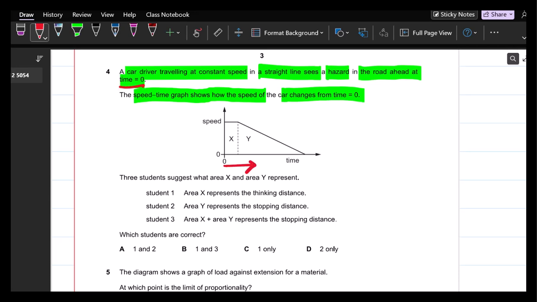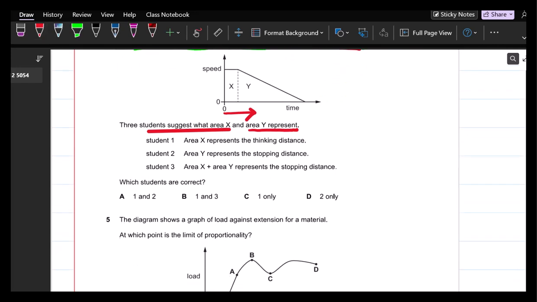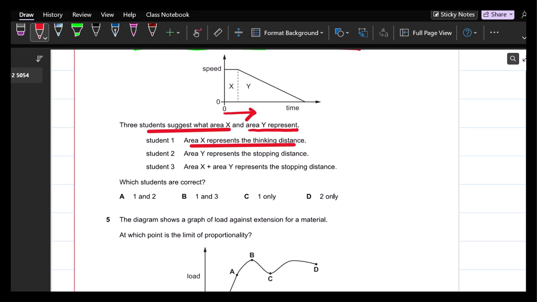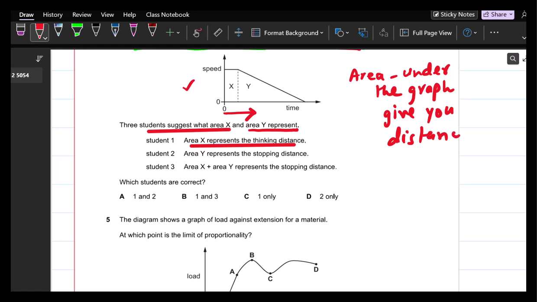These students suggest what area X and area Y represent. Student 1 is saying area X represents the thinking distance. Okay. A speed time graph is given, and the area under the graph gives you distance. Remember this point.